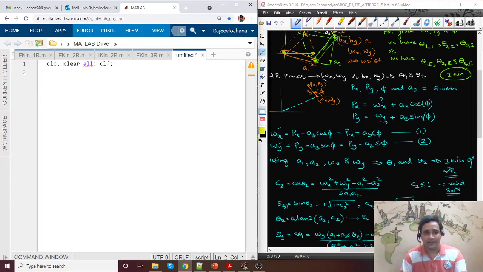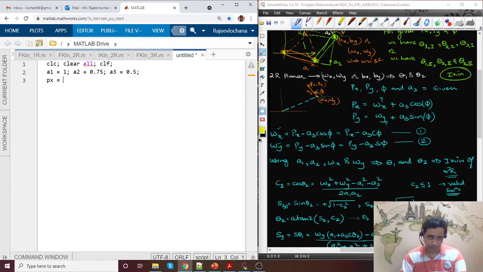Then we'll consider the inputs. So we have input as a1, maybe a2 and a3. These are the lengths of the three links. Thereafter we want to give the coordinates of the tip.